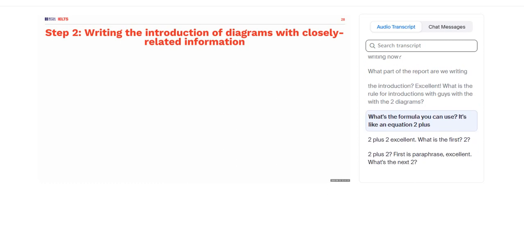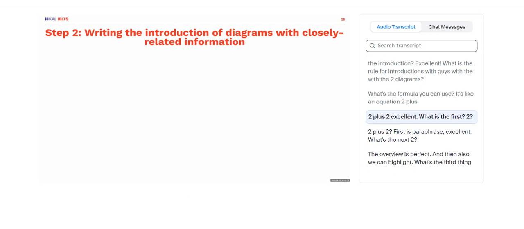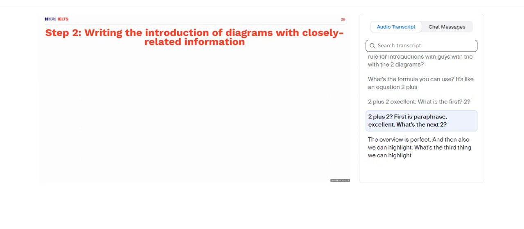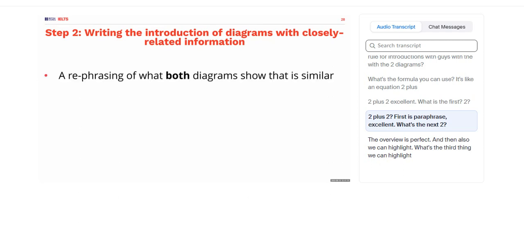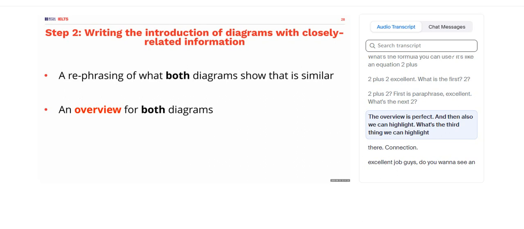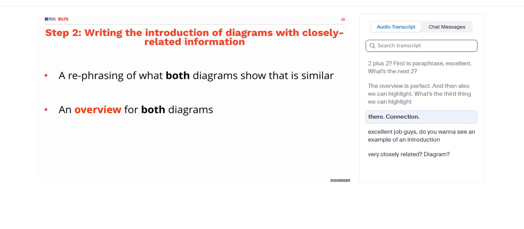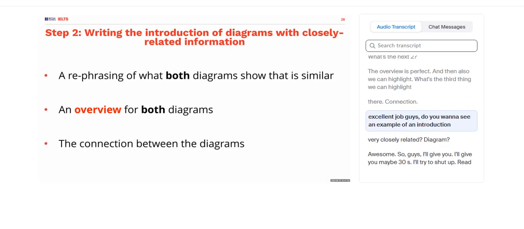It's like an equation. 2 plus 2 plus 2. Excellent. What is the first two? First is paraphrase. Excellent. What's the next two? The overviews. Perfect. And then also we can highlight. What's the third thing we can highlight? The connection. Excellent job, guys.